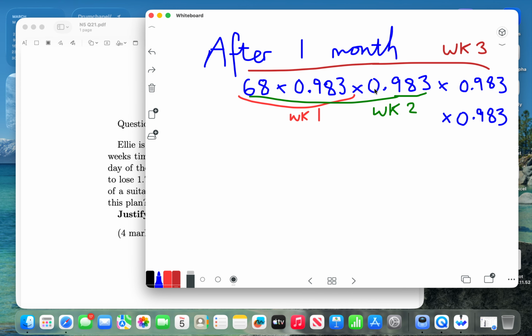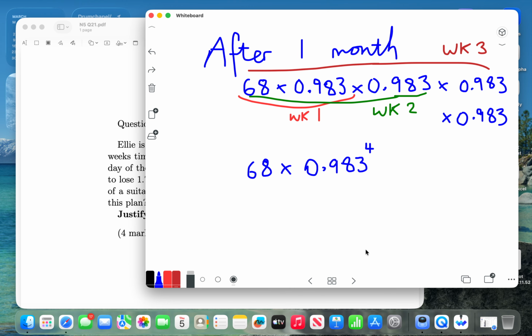But if we multiply by 0.983 4 times, we can write that as 0.983 to the power of 4. Then multiply by 68. You do not need to write all of this working down.